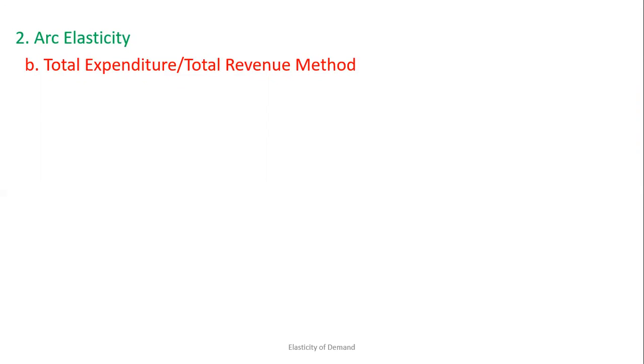However, this method does not give us a precise value of elasticity. We can just know if the demand for the commodity is more elastic, less elastic, or unitary elastic.